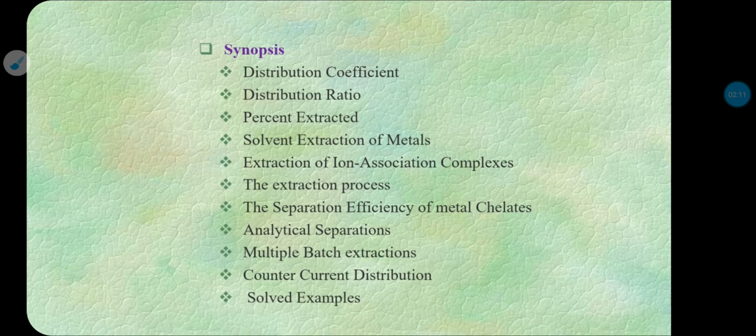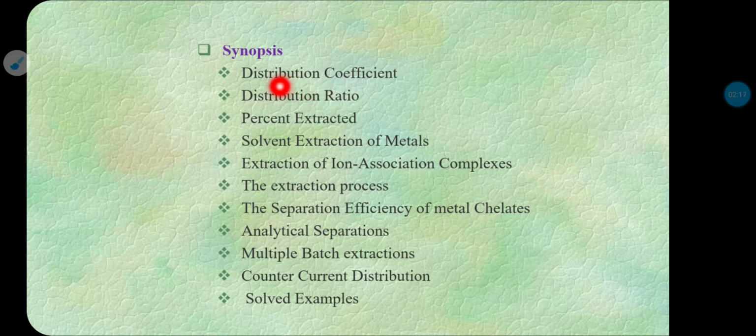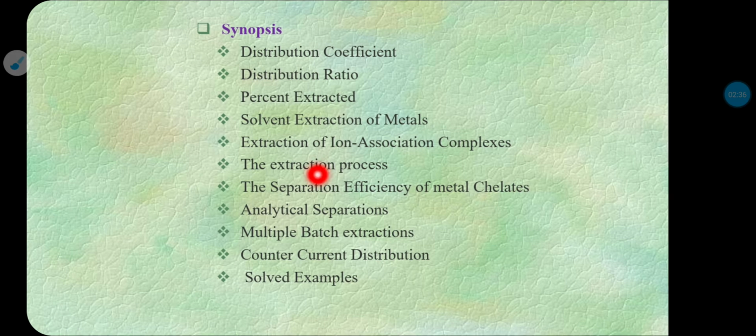So this is the syllabus of this chapter. In this chapter we will learn about the distribution coefficient, distribution ratio, percent extraction, solvent extraction of different metal ions through ion association complex or metal chelate formation, the details of the extraction process, analytical separation, multiple batch extraction, and counter current distribution or counter current separation technique.